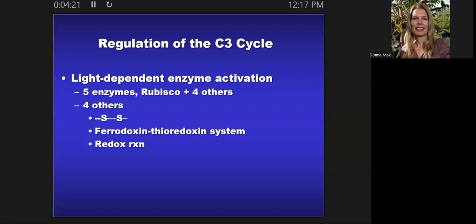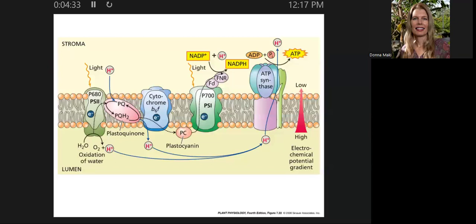And once that happens, then you have the ability of that enzyme to fully function. So basically what this is saying is because ferredoxin is involved, and ferredoxin is part of the light reactions, that's how ferredoxin gains an electron, through this electron transport process.